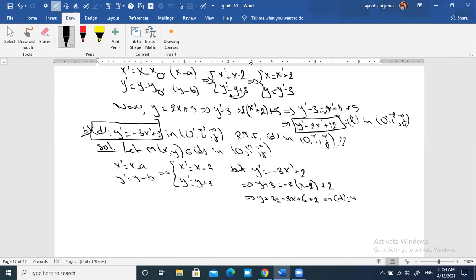Then the line D will be y equal negative 3x plus 11 minus 3, so plus 5. This is in the system OIJ. Okay, any questions?